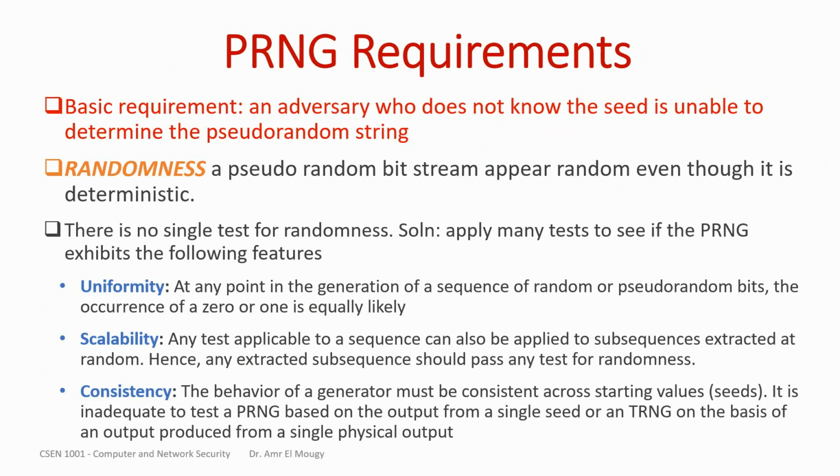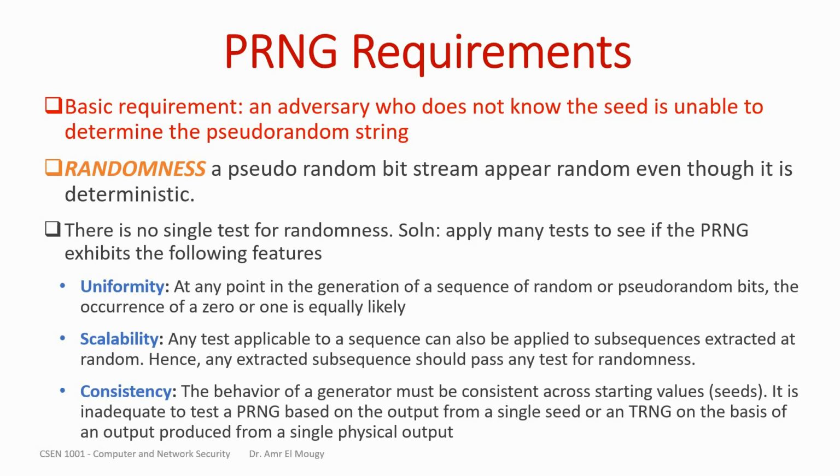Okay. So if we are focusing on pseudo-random number generators, and this is what stream ciphers use, we have to study its requirements. So one basic requirement is an adversary who does not know the seed is not able to determine the pseudo-random string. You're basically generating a sequence of bits that appears to be random.